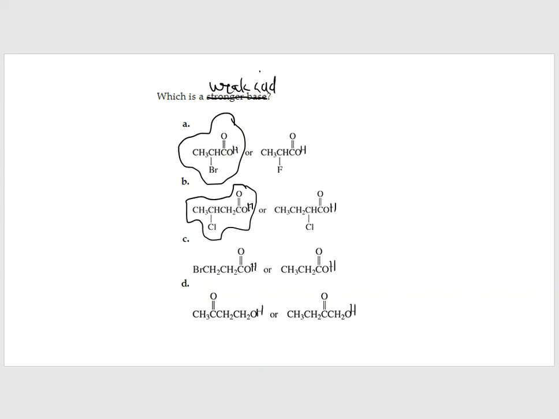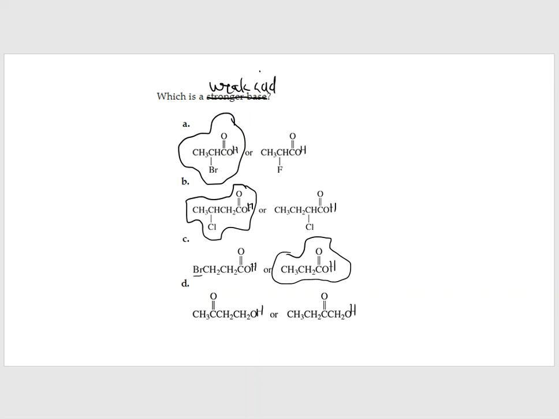Means the same thing. For part C, here I have a bromine, and here I don't really have anything extra. Okay, the double bond O is there, but the double bond O is here as well. That's the same in both structures. That's not really going to play a major difference here. But this one has a bromine and this one does not. So because this one has a bromine, it has an electron puller, this one's going to be a better acid, a stronger acid, which means that this one is going to be the weaker one.